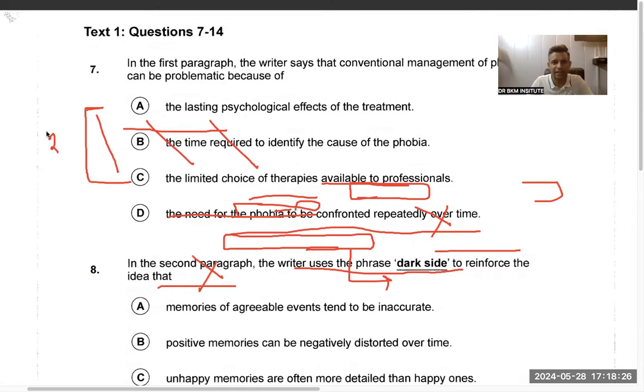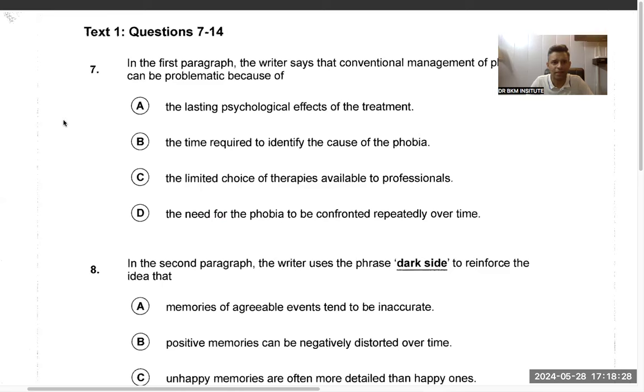Okay, now please understand the meaning. In the first paragraph, the writer says conventional management is problematic because of the lasting psychological effects of the treatment. If some treatment has a lasting psychological effect, it can be positive or negative. But lasting psychological effect means that the treatment effect stays for a long time.